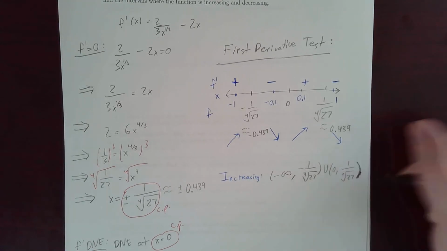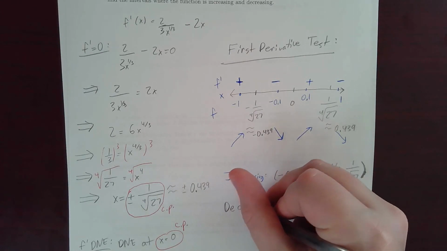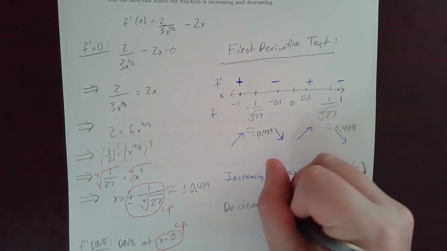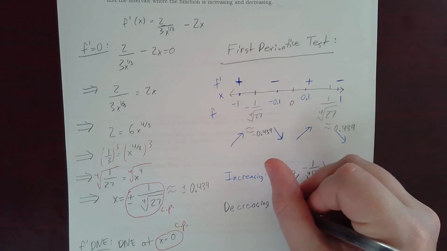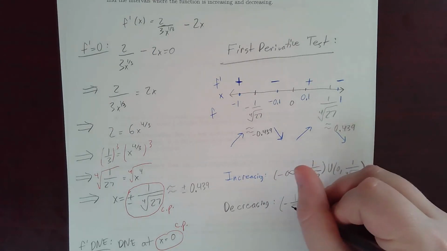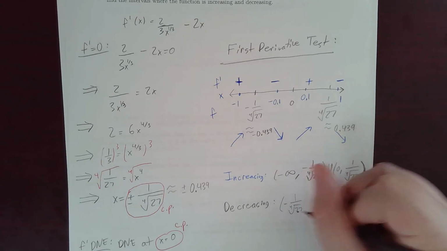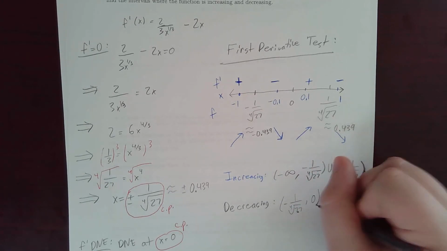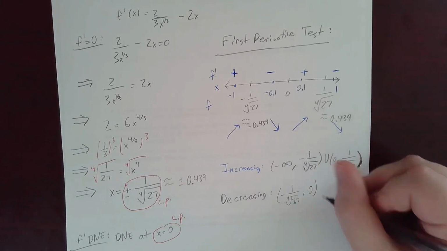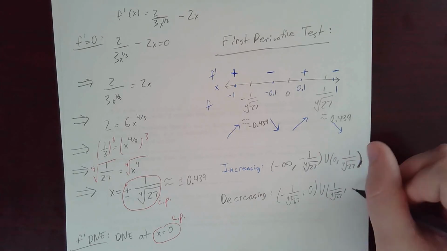So this is where our derivative is positive, and we are decreasing on those other intervals. So where we're looking at negative 1 over the 4th root of 27 to 0, and 1 over the 4th root of 27 to infinity.